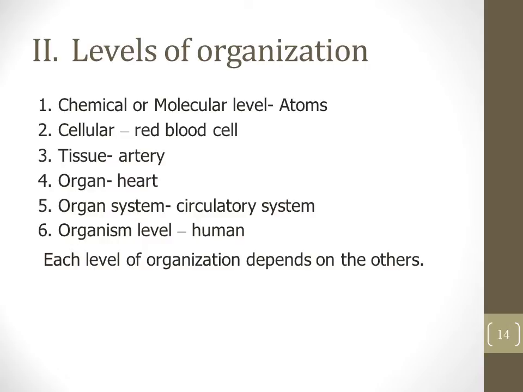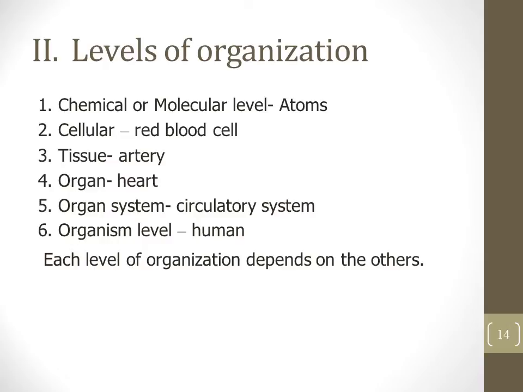Also, these organs come together to form the system. So all the organs come together to form the system. We have different types of systems. We have the circulatory system that comprises the heart and blood vessels. We have the digestive system that comprises organs found in the alimentary canal from the mouth down to the anus.